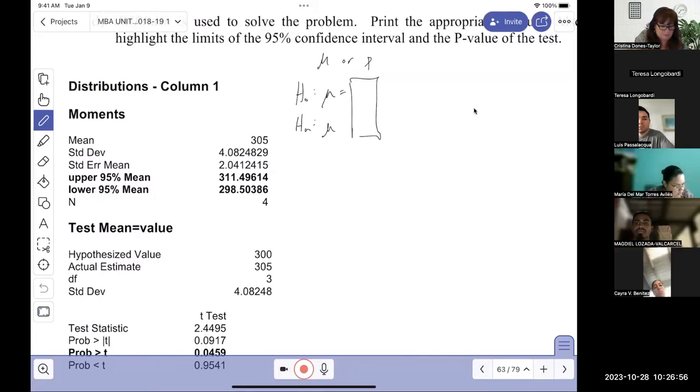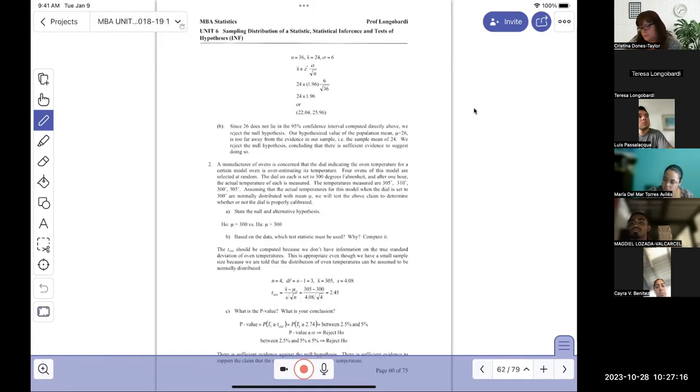All right, and then what number am I hypothesizing from the question? What should the oven temperature be if everything's fine? 300. Okay, so it's supposed to be 300. So whatever number I put there, I have to put here. And then I'm going to test to see what, let's see, what do they say in the problem?